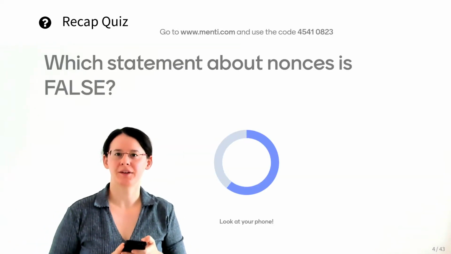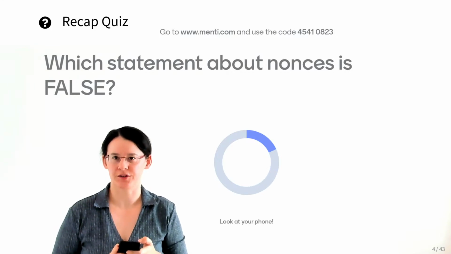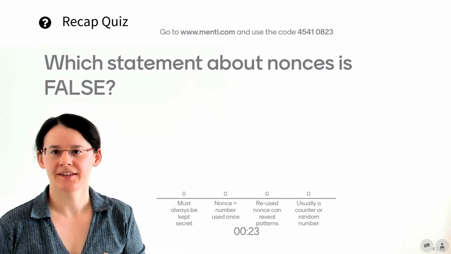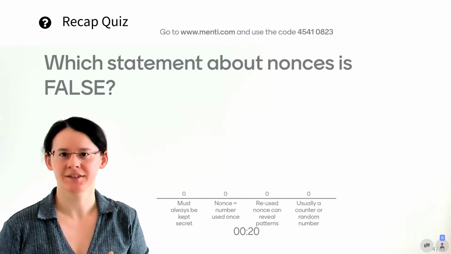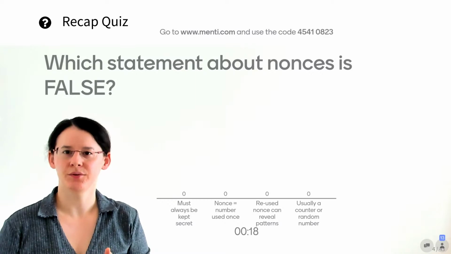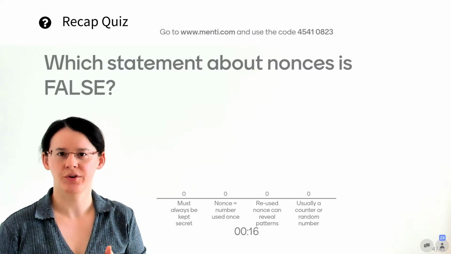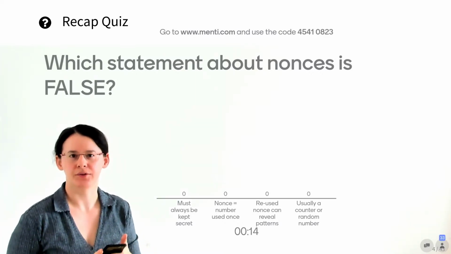So, which statement about nonces is false? That they must always be kept secret, that they are a number used only once, that reusing them can reveal some patterns, or that they can often be a counter or a random number.